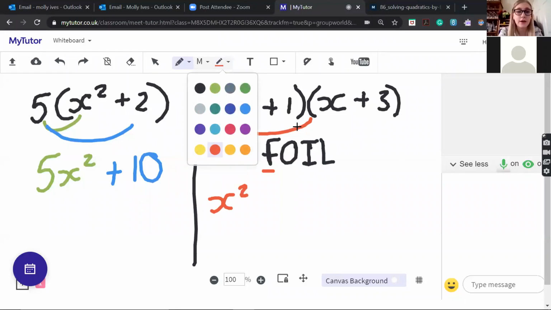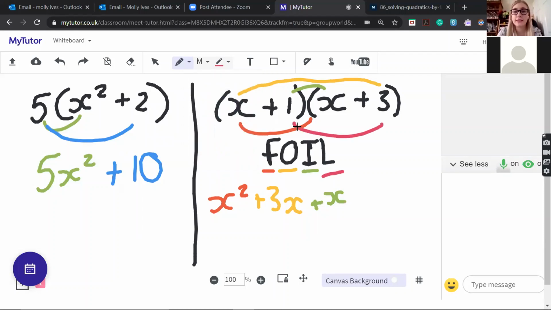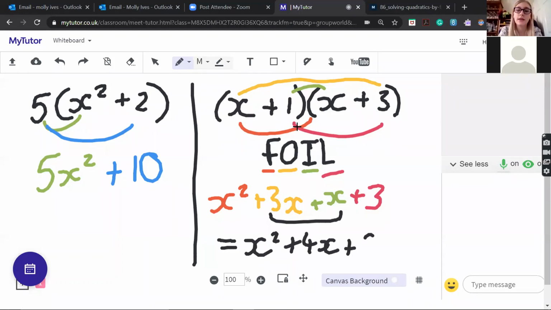Then it's the outer, so we take the outer 2 and multiply those together. So this is x and 3, so that's just 3x. Then it's inner, so these 2 here, x and 1, so that's just plus 1x or plus x. And then finally, last, so the last 2 in the brackets, 1 and 3, so that's plus 3. And then we can simplify this by combining these x's here. 3x plus x is 4x, so we get x squared plus 4x plus 3.